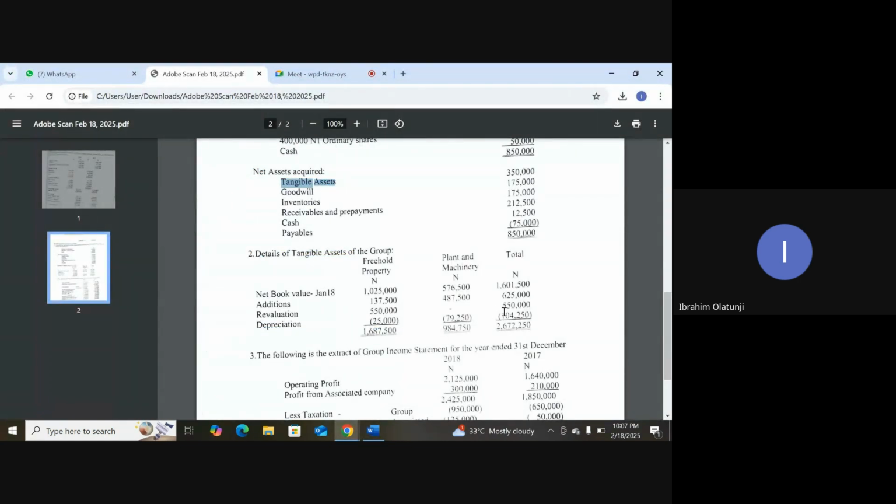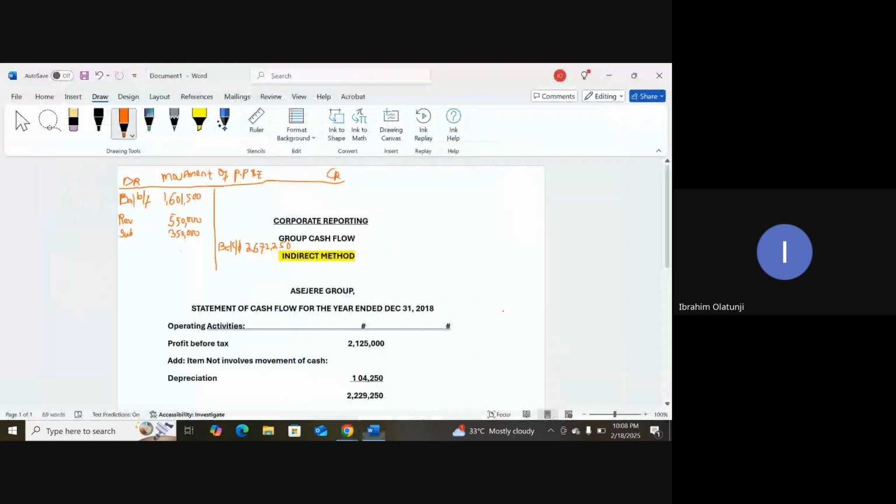Depreciation of how much? 104,250. Depreciation. Then we can cast it and subtract.